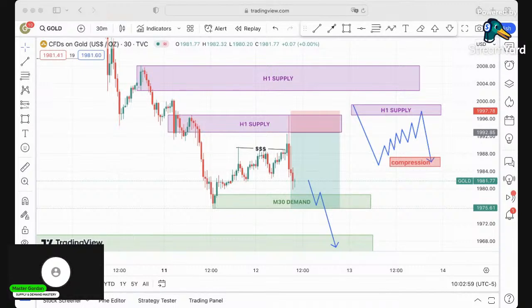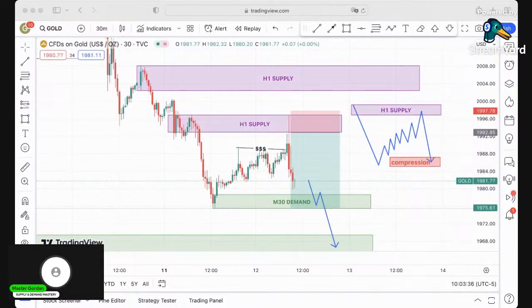So for this zone we have more than 300 lots. You see, 60 plus 100 plus 130 plus 96, we have 400 lots from 1992 to 1989. In this 40 pip zone, we have 400 lots.